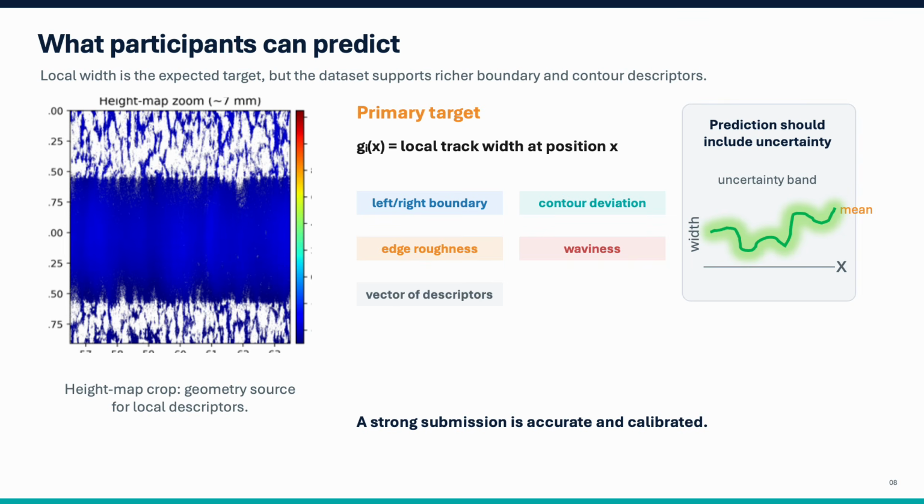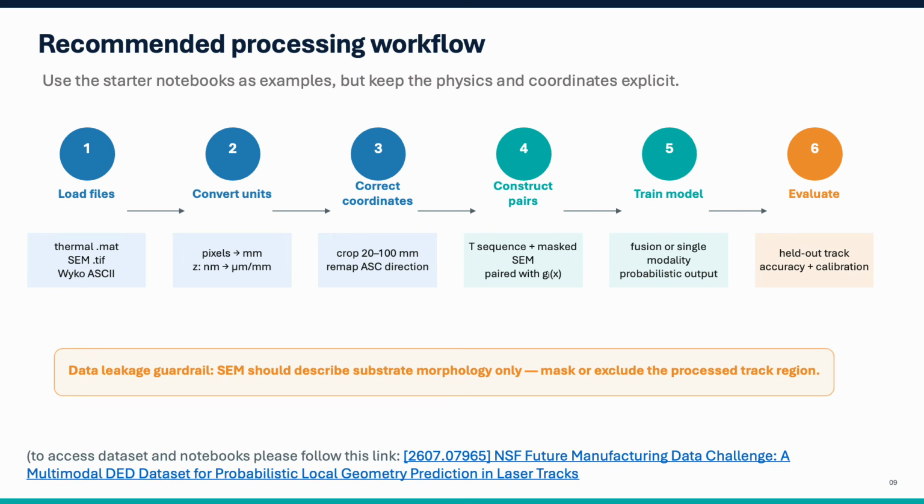For example, a model can produce a mean width curve together with an uncertainty band across the 20 to 100 mm interval. A strong submission is not only accurate, it is also calibrated. In other words, when the model reports high or low uncertainty, that uncertainty should be consistent with the actual prediction errors. The next slide translates this task into a practical processing and modeling workflow.